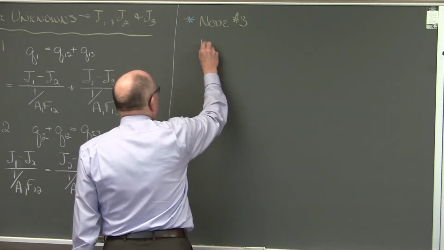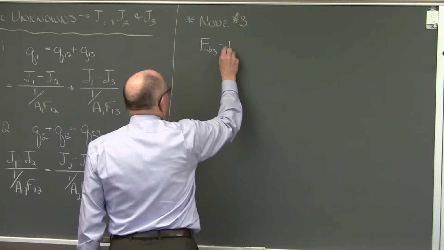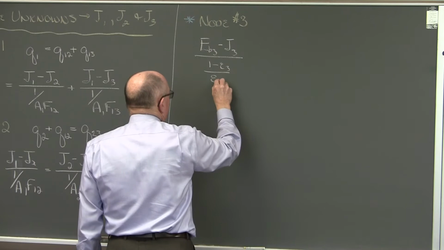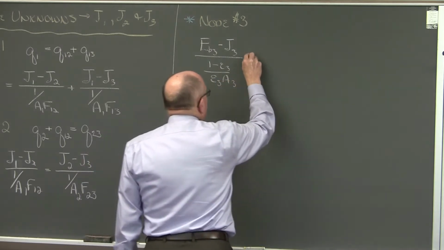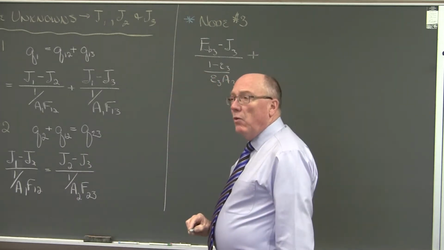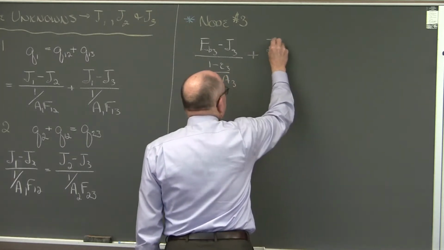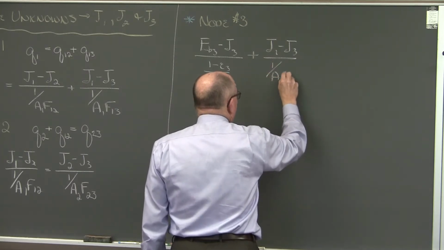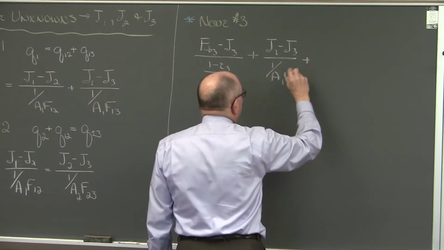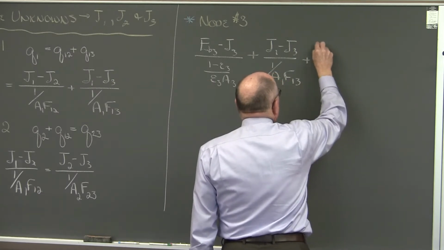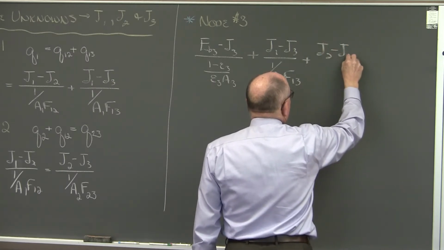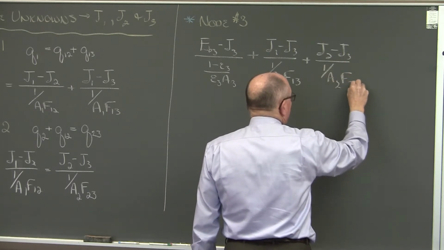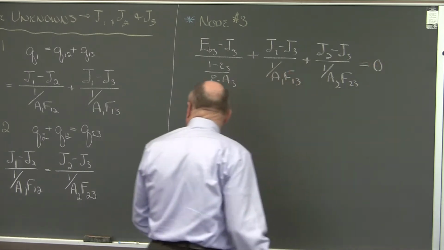So that would be EB3 minus J3 over 1 minus epsilon 3 over epsilon 3 A3 plus J1 minus J3 over 1 over A1 F1 to 3 plus J2 minus J3 over 1 over A2 F2 to 3, and these would be equal to 0.